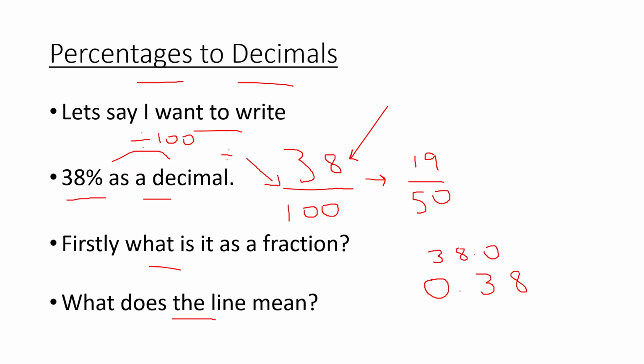When dividing by powers of 10, the decimal point moves 2 places here if I'm dividing by 100, which is 0.38. So a percentage to a decimal, we divide it by 100, and the fraction line means a division: the top divided by the bottom, the numerator divided by the denominator.